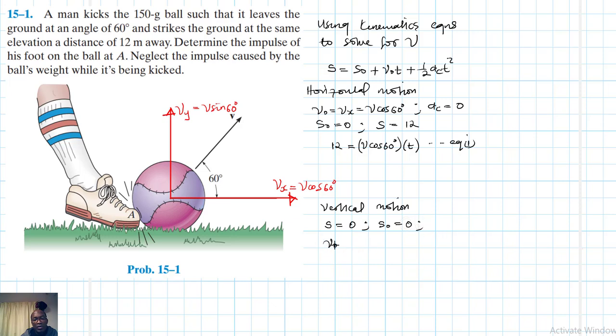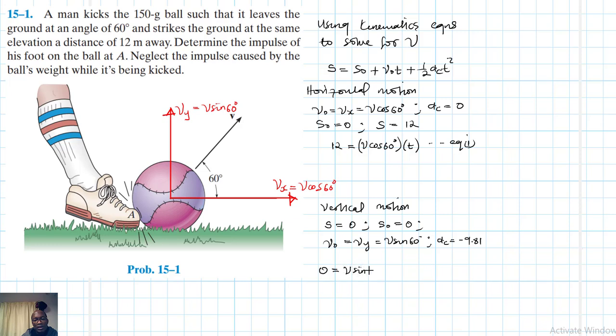And then our V naught is just equal to Vy, which is equal to V sine 16. And our acceleration is just equal to minus 9.81.